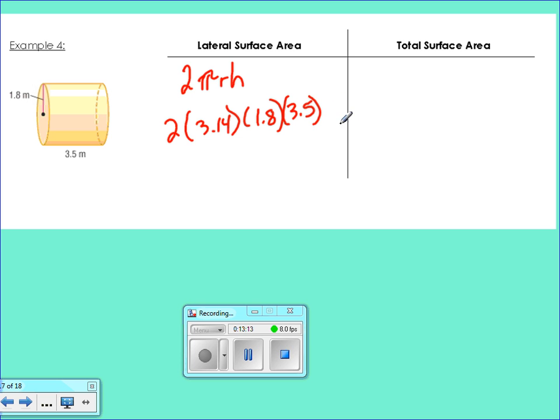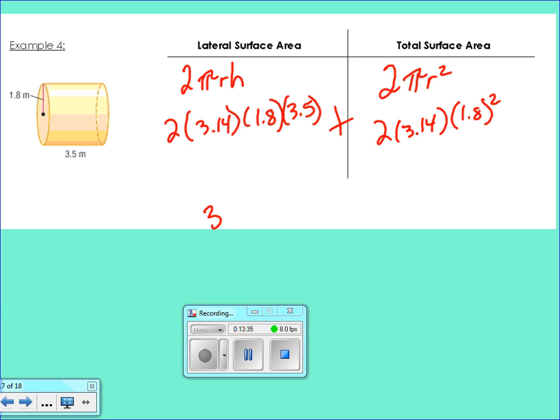And then we're going to add that to the area of the bases, which is 2, what? 2 pi r squared, 2 times 3.14 times 1.8 squared.